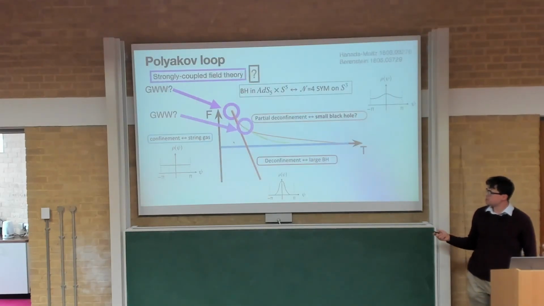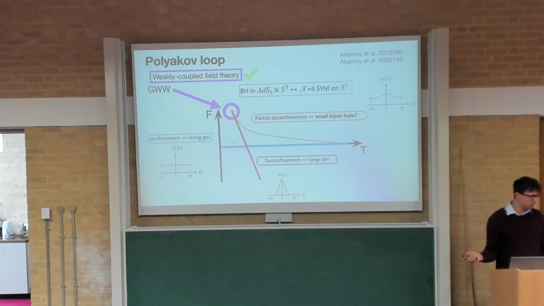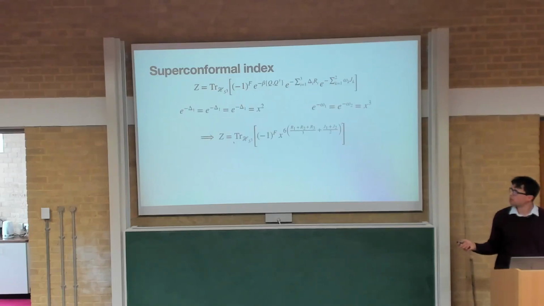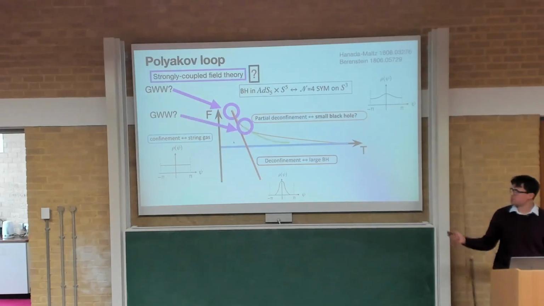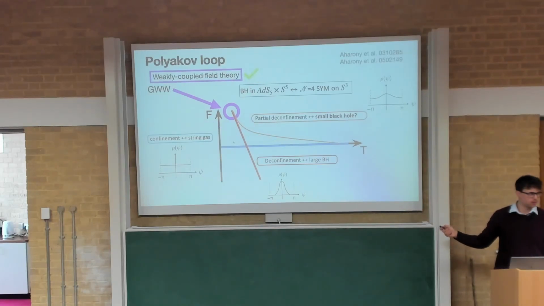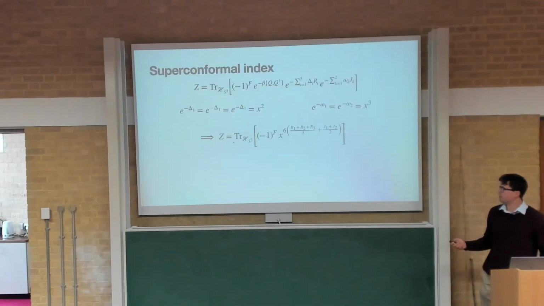The holography phase diagram, the BPS black hole phase diagram, looks just like this, with a small black hole. It doesn't have this, as far as people know. Yes, it has the cusp and the small black hole and the large black hole.